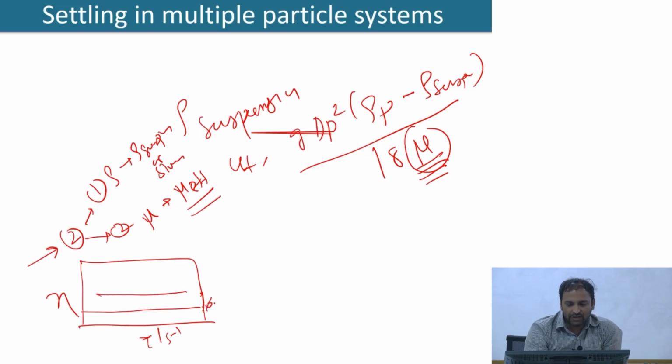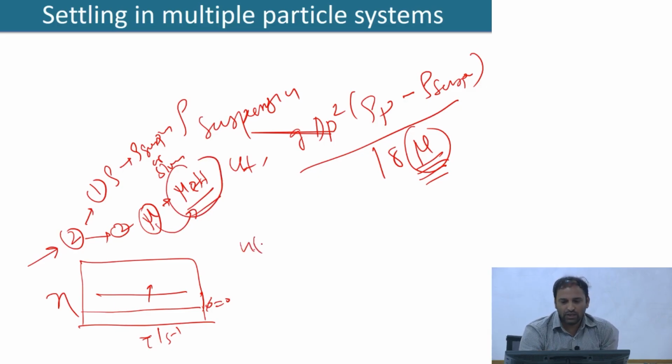If you have phi equal to 0, add a little bit of particles, the viscosity goes up. In general, the viscosity is known to increase with the addition of the particle. Therefore, your mu should be replaced with mu effective, where mu effective is the viscosity of the particle filled fluid system.